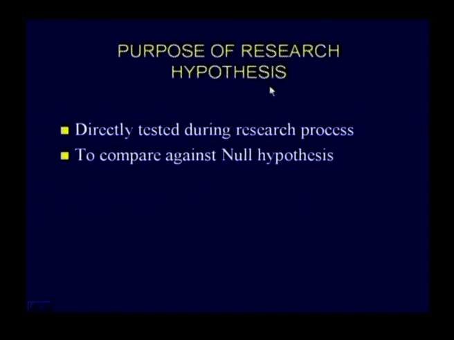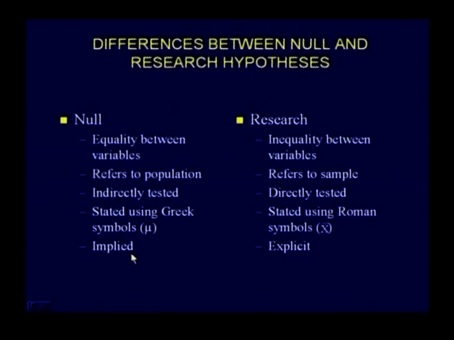What is the purpose of research hypothesis? Because they can be directly tested during a research process, and they provide us a place where we can compare them against null hypothesis. Here are some of the differences between null hypothesis and research hypothesis. Null hypothesis is a statement of equality between variables. Research hypothesis is inequality between variables. Null hypothesis always refers to population.